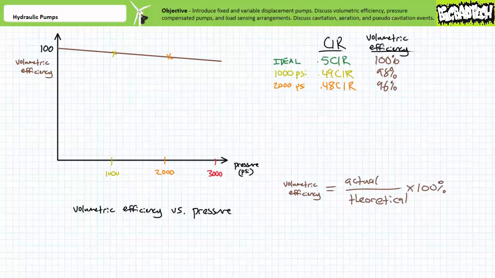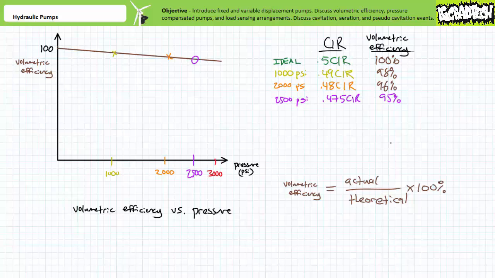At ideal conditions, volumetric efficiency is 100%. At 1000 psi, volumetric efficiency is 0.49 cubic inches per revolution over 0.5 cubic inches per revolution, or 98%. At 2000 psi, volumetric efficiency is 0.48 cubic inches per revolution over 0.5 cubic inches per revolution, or 96%.